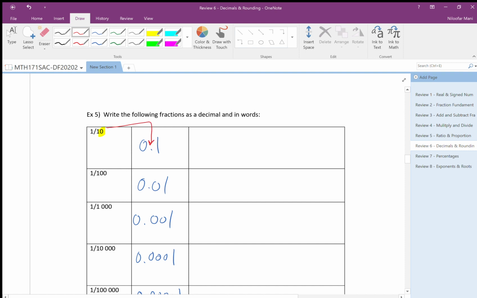So you always have 1 less. Look at this. Here you have 2 zeros. Here you have 1 zero. Here you have 3 zeros. Here you have 2 zeros.